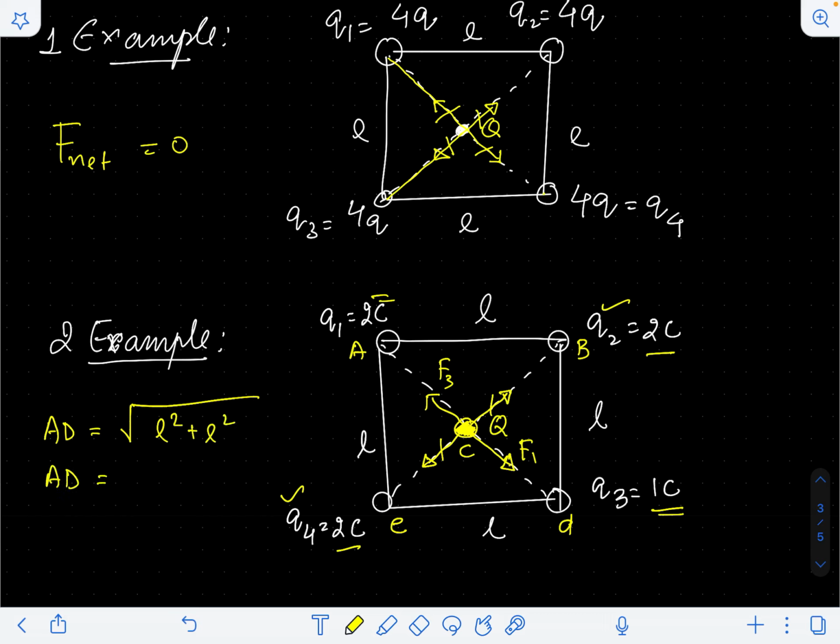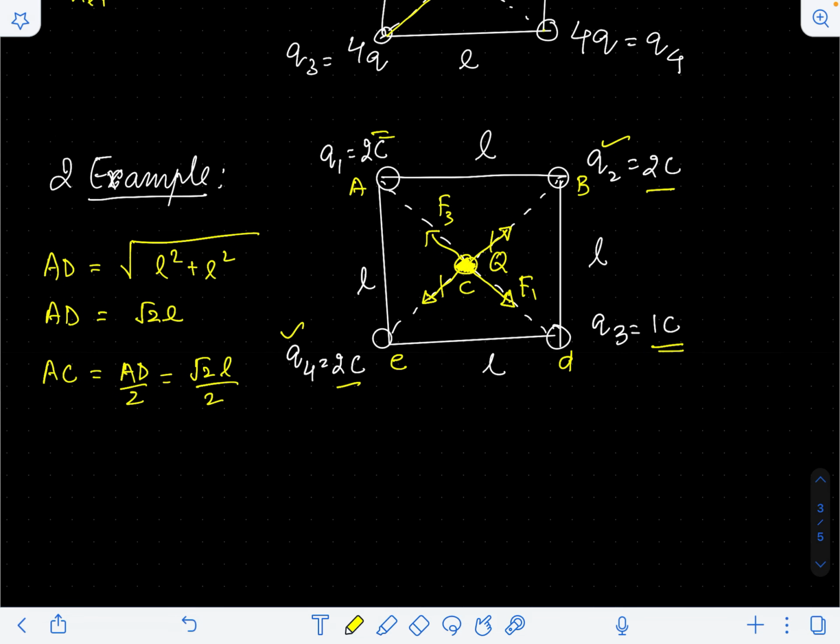So AD is nothing but root 2 L, and AC is half of AD. So AC is L by root 2, and it is also equal to DC. So AC and DC both have L by root 2 distance.